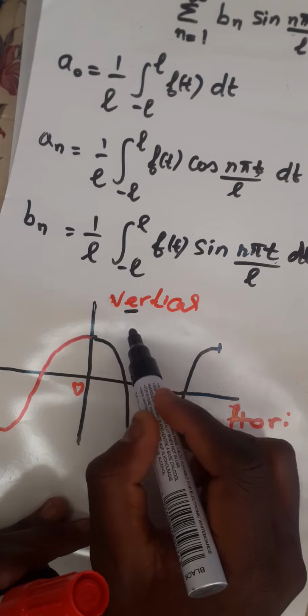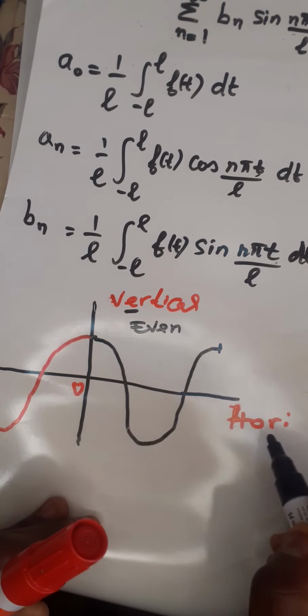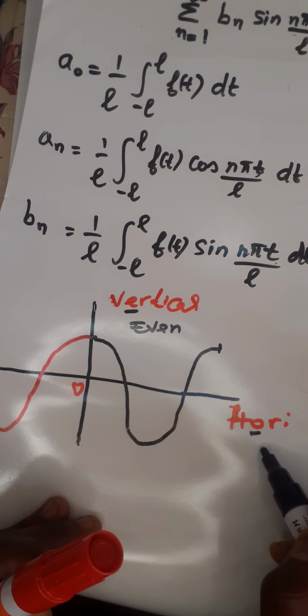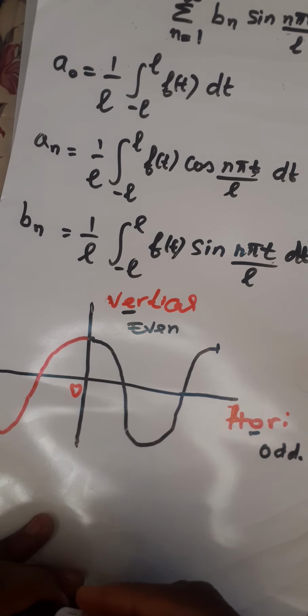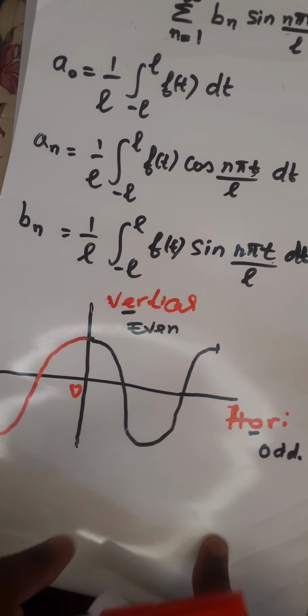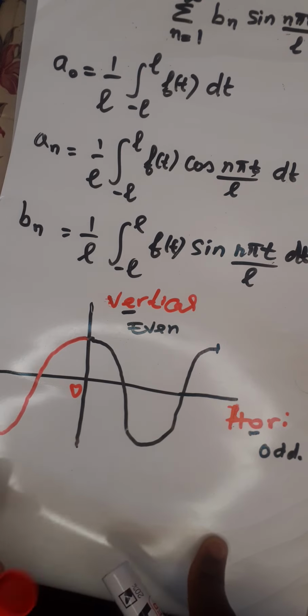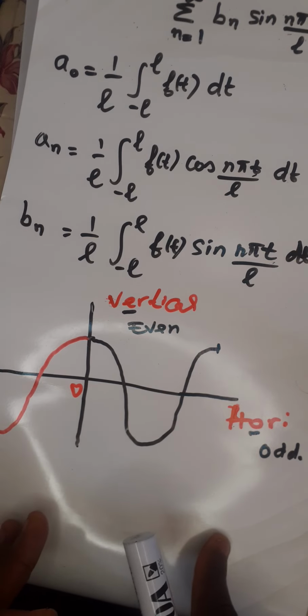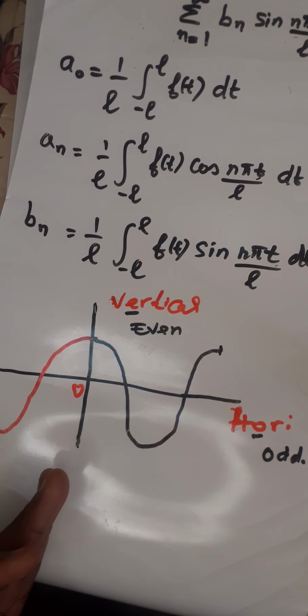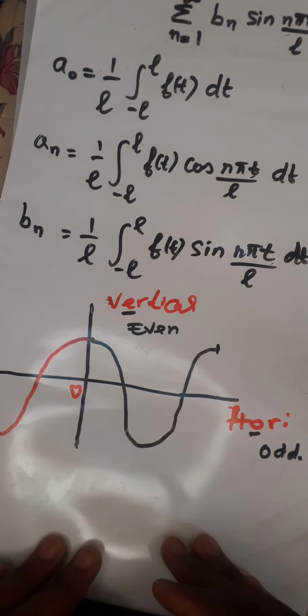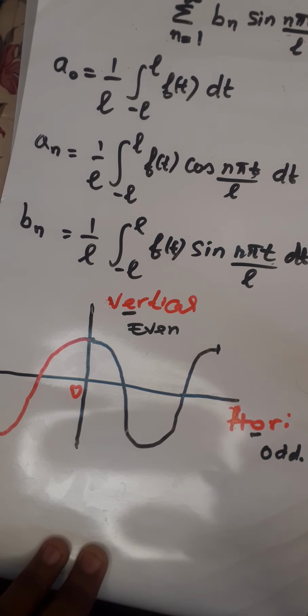Vertical, E is coming, it's even, and O is odd. So by definition, a function is even, looking from the graph, if it is symmetrical about the y axis or the vertical axis, and it is odd when it is symmetrical about the origin.